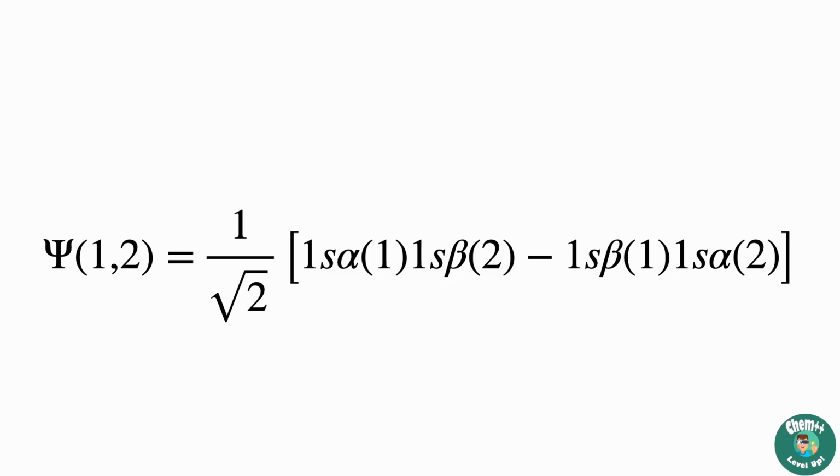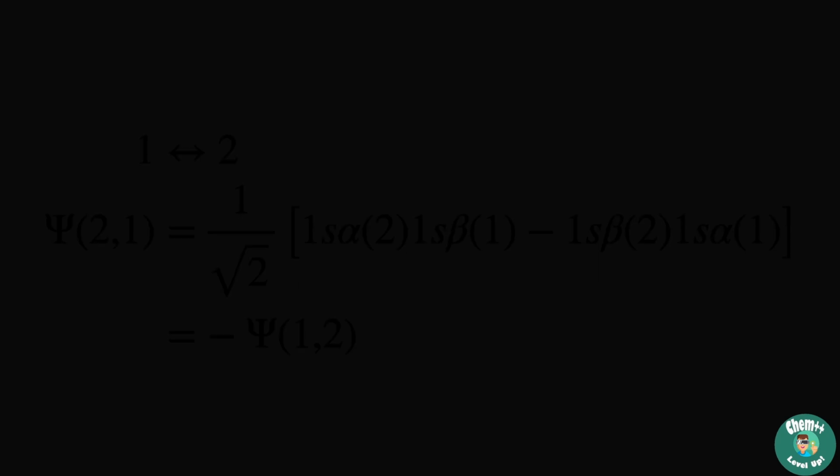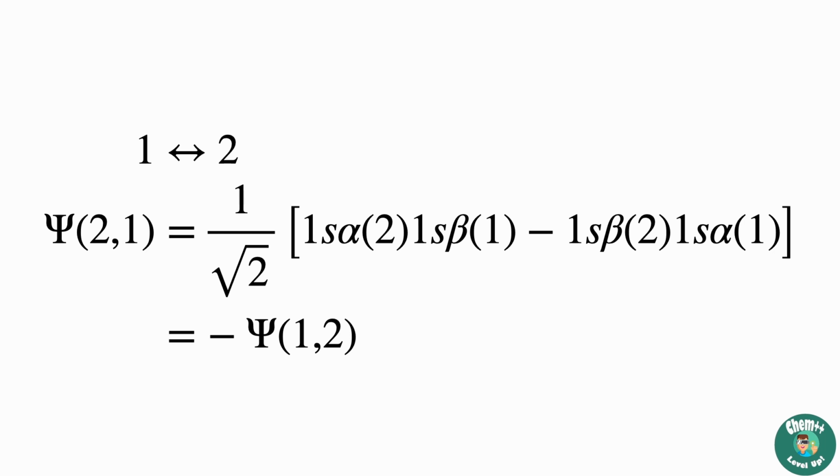Psi equals 1 over square root 2 times 1s alpha(1) 1s beta(2), minus 1s beta(1) 1s alpha(2). Notice the minus sign. Now, exchange electron 1 and electron 2. Then, psi of 2, 1 equals negative psi of 1, 2. Exactly what antisymmetry requires. So Slater determinants automatically produce valid fermion wave functions. They enforce the rules for us, even when we forget to.